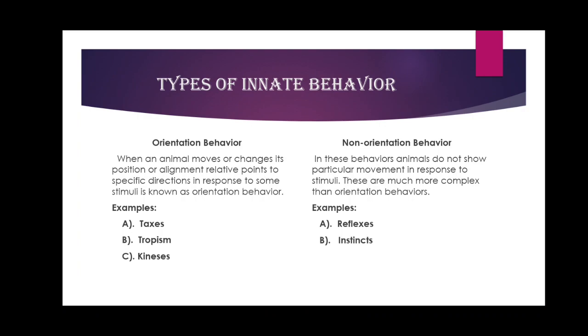First of all, orientation behavior is when an animal moves or changes its position or alignment relative to a point or towards specific directions in response to some stimulus. And it has three types: taxis, tropisms, and kinesis.